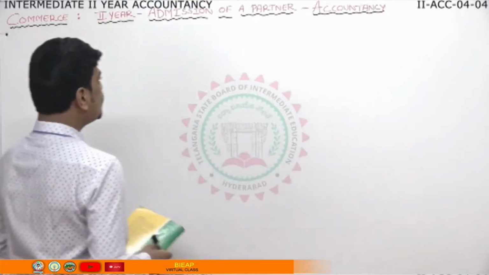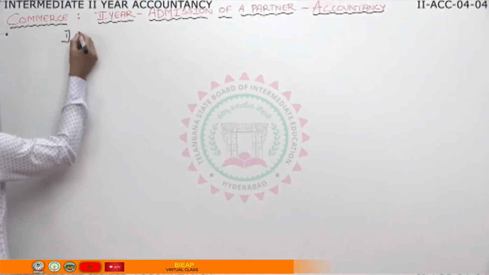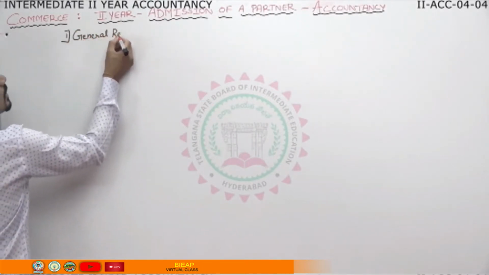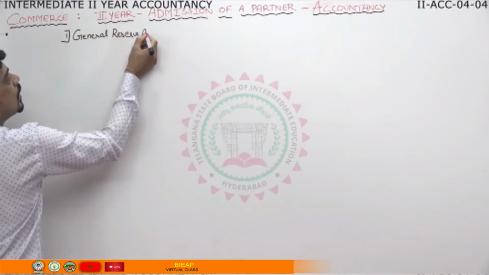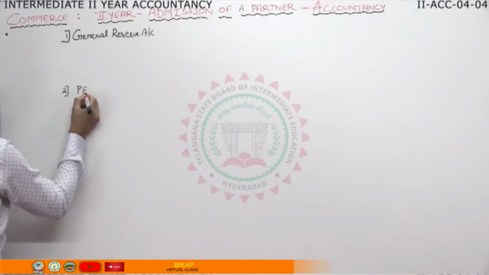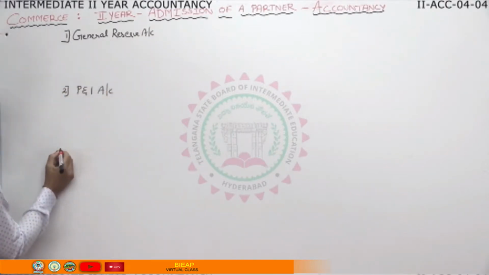Now, how are we going to draft the accounts? You see here, I am drafting the accounts, and the sequence of accounts I am going to follow. First, I am going to prepare general reserve account, about 4 lines, followed by profit and loss account, again about 4 lines.